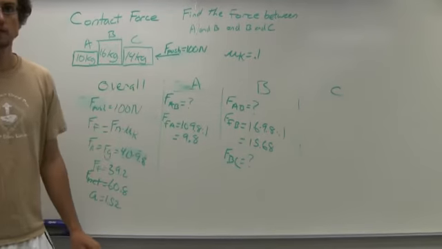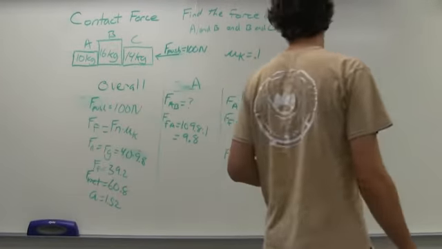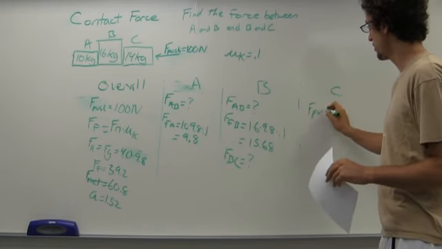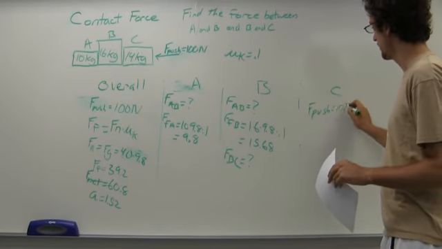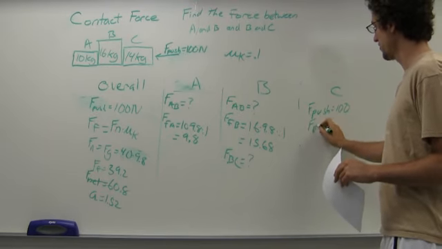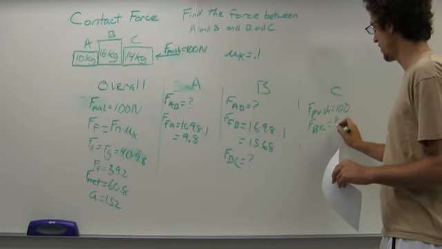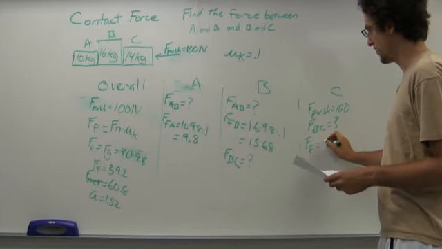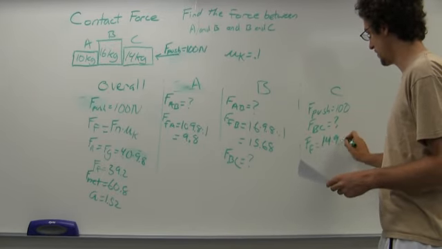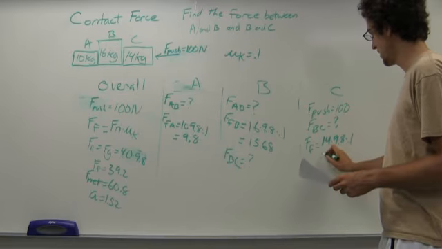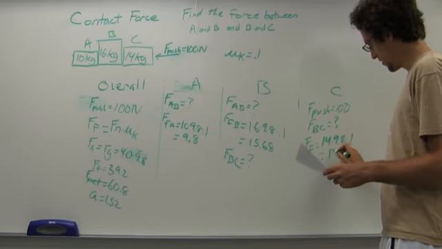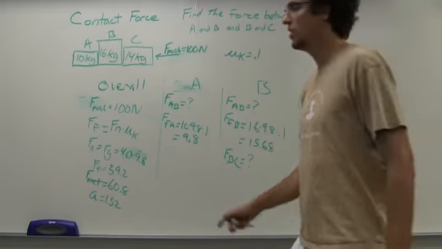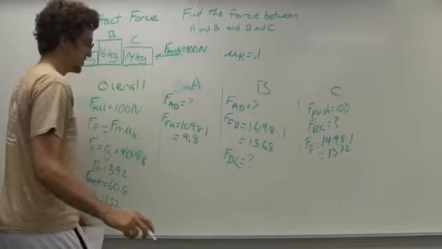So that's three forces. A only had two forces on it. C is going to have the force of the push, which is 100, the force of B on C, which we don't know, and the force of friction, which again we can find, 14 times 9.8 times 0.1 equals 13.72. So, starting with this one that's got the fewest forces.